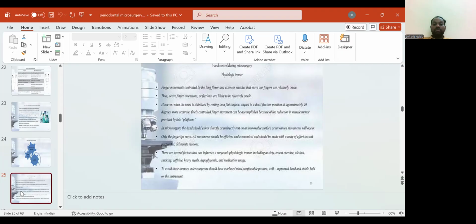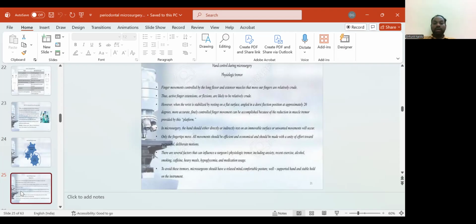Active finger extension or flexion is likely to be relatively crude. However, when the wrist is stabilized by resting on a flat surface, angled in a dorsiflexion position at approximately 20 degrees, more accurate, firm, controlled finger movement can be accomplished because of reduction in muscle tremor.